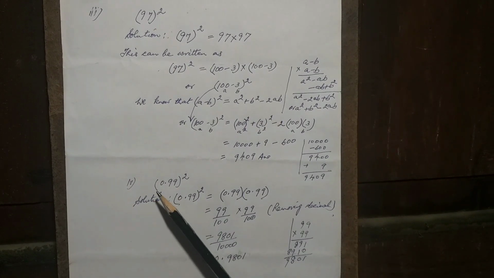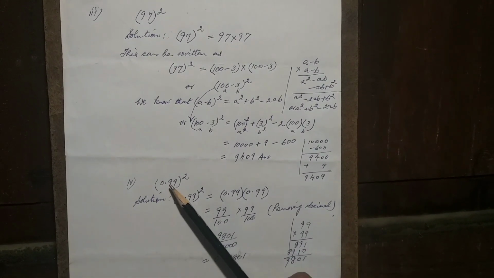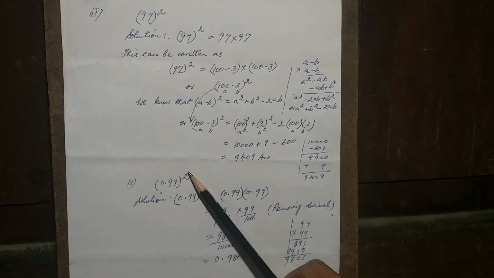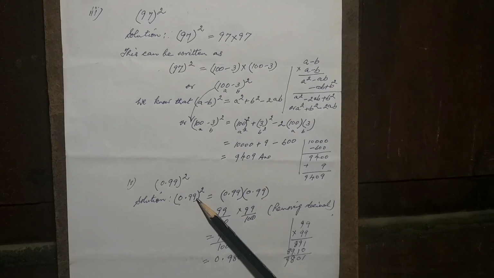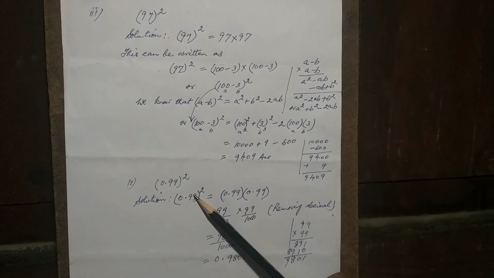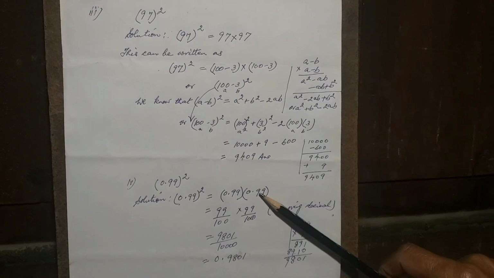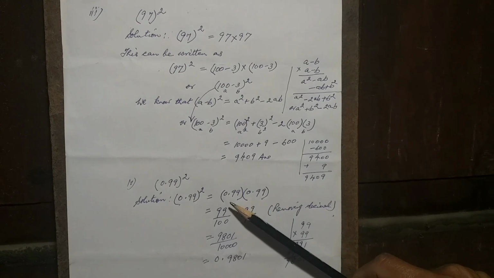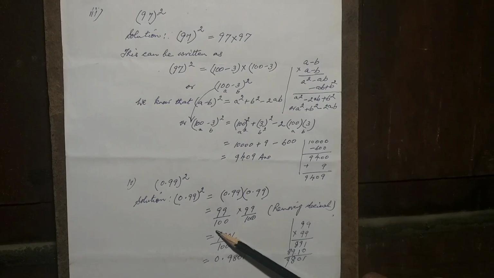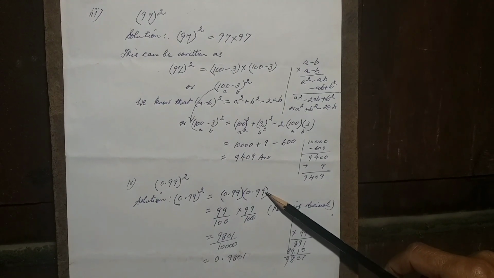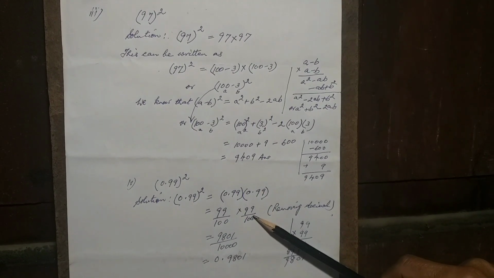In the next one, we have 0.99 whole square. Now what does this mean, 0.99 whole square? It means that 0.99 multiplied by 0.99. Now removing the decimals, we get 99 over 100. And this 0.99 gives us 99 over 100.